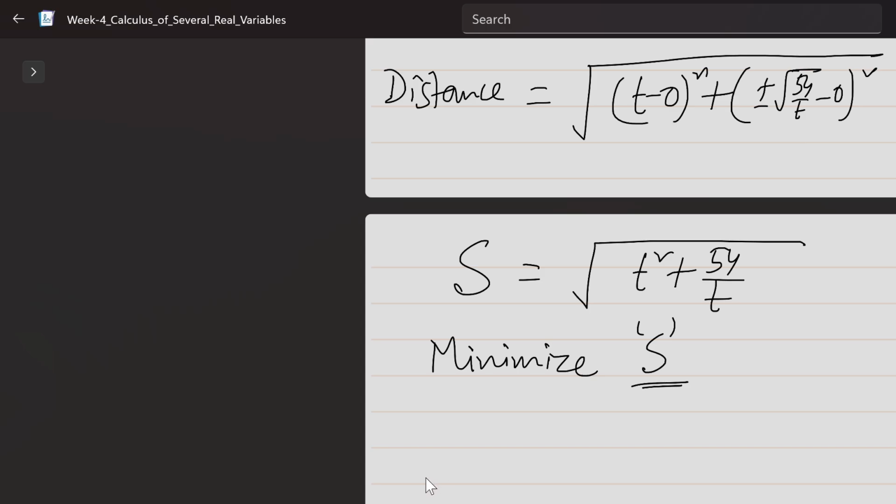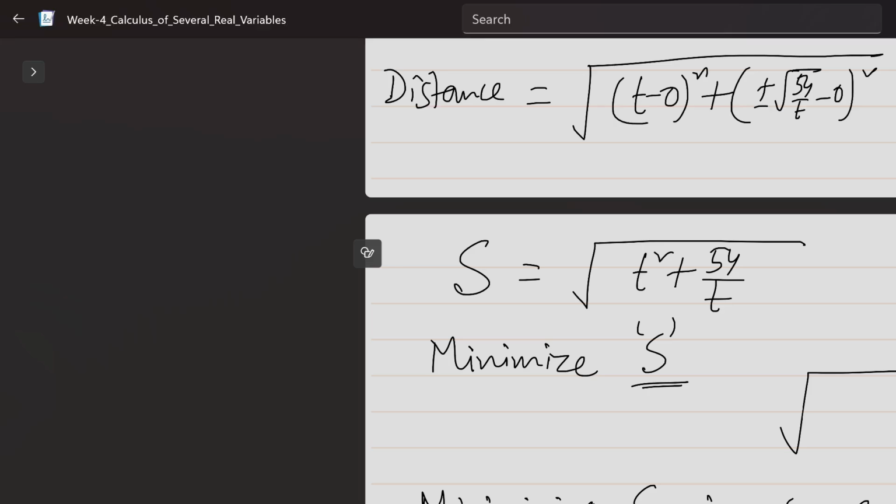So you know that s is some square root of something. So minimizing s is the same as minimizing s square. You know this thing?